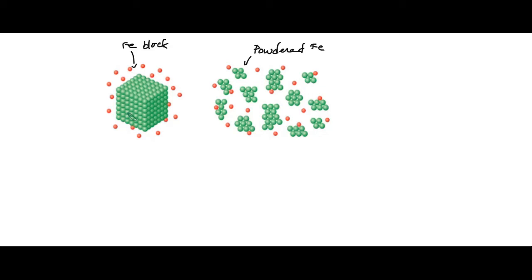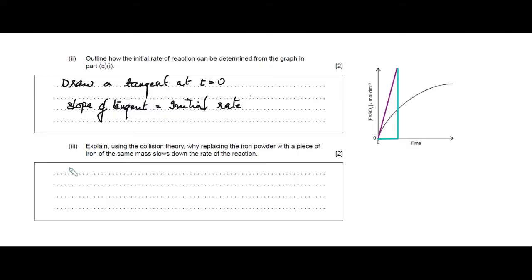When the surface area gets increased, more and more collisions will be happening between the iron and copper sulfate particles. As the number of collisions increases, the rate of reaction also will be higher. So as the surface area increases, rate of collision will be faster. Product formation also will be faster with higher surface area.